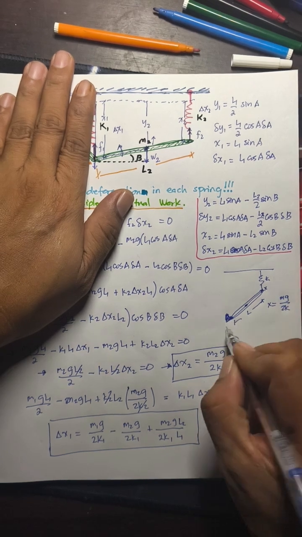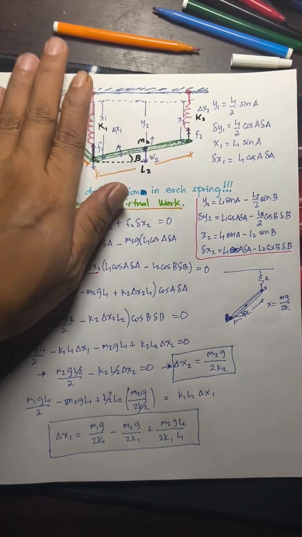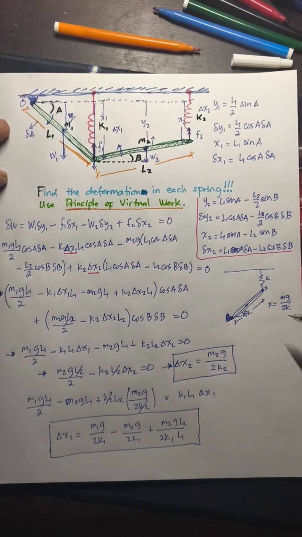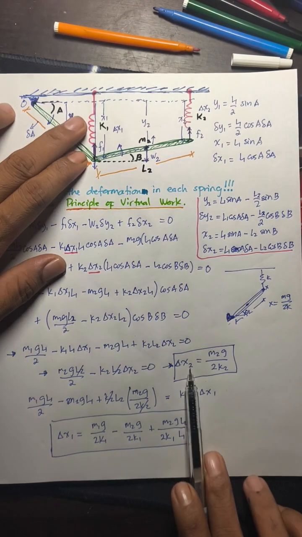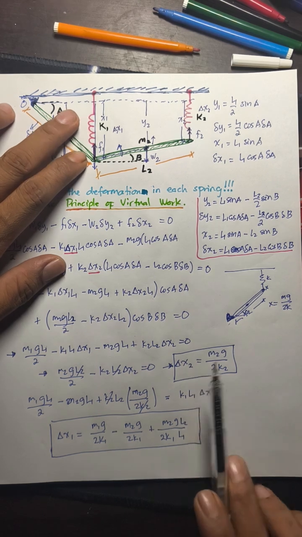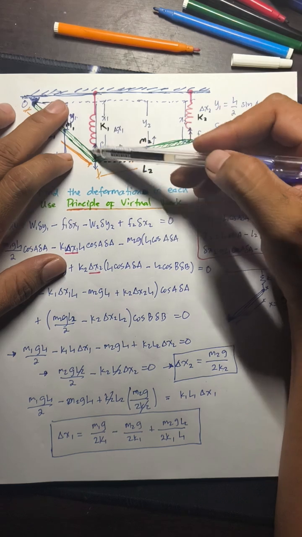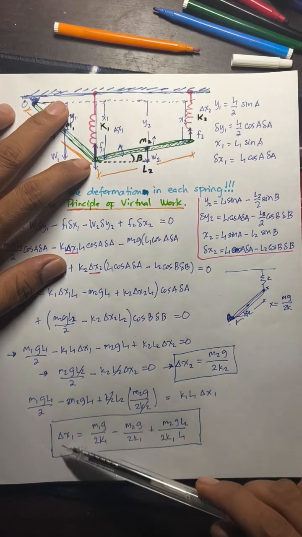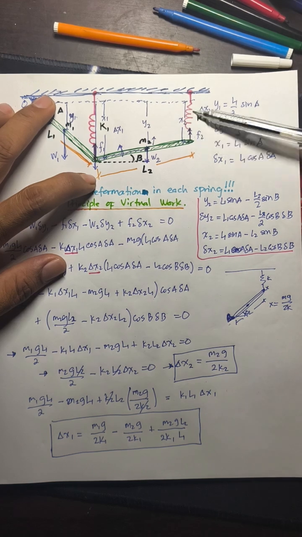This is attached to a fixed point, and whatever angle this is, theta. So it is expected that for this second deformation, it will just depend on this. It's very simple. It doesn't care about this one. But as you can see, for delta x1, the mass of this and this spring will have an effect.